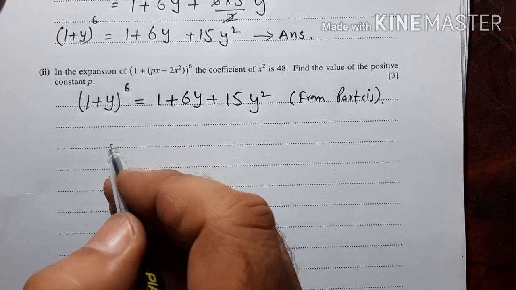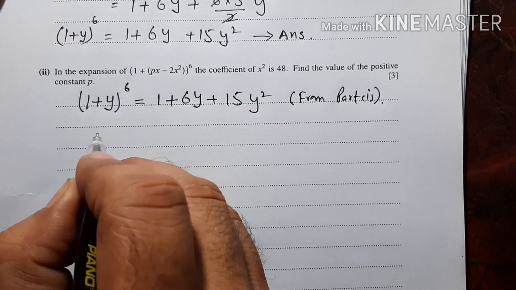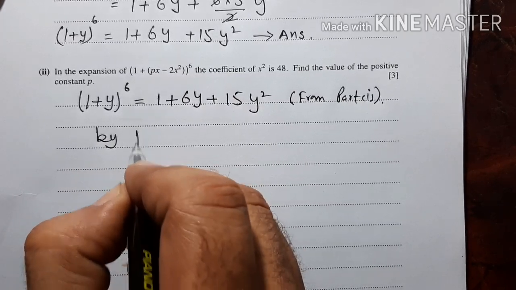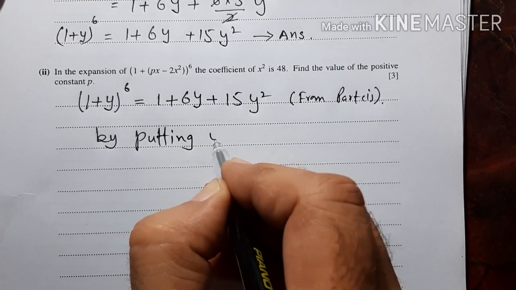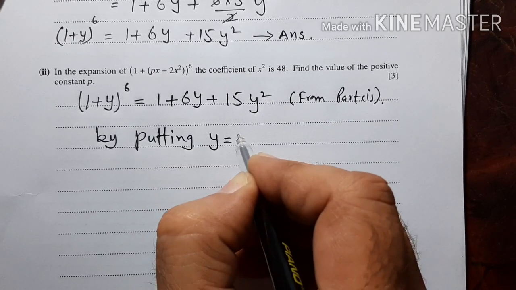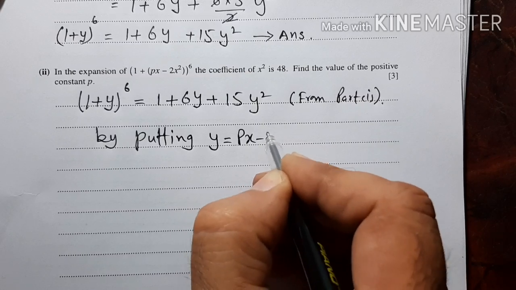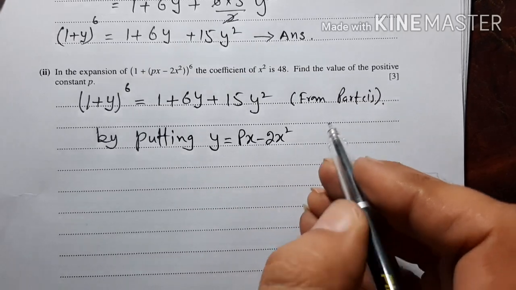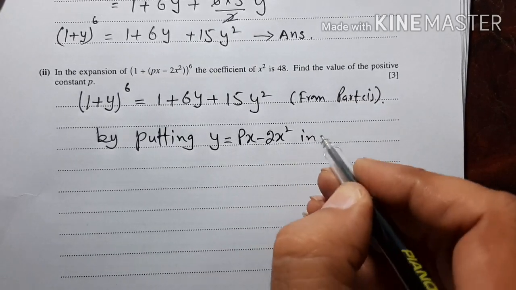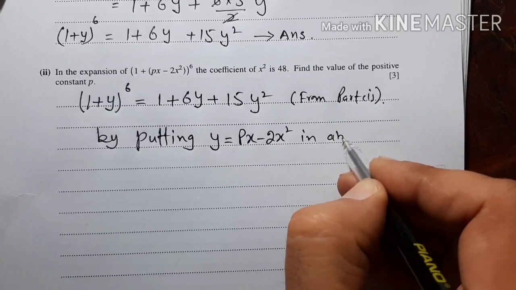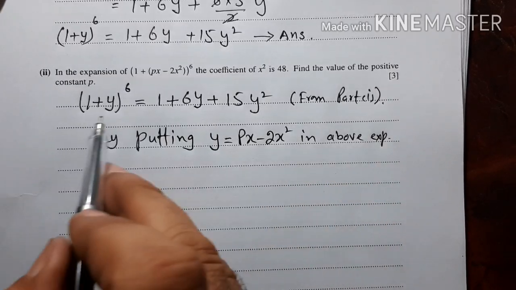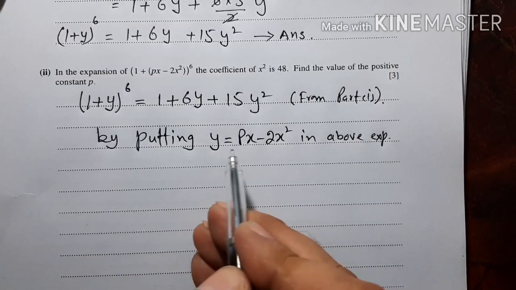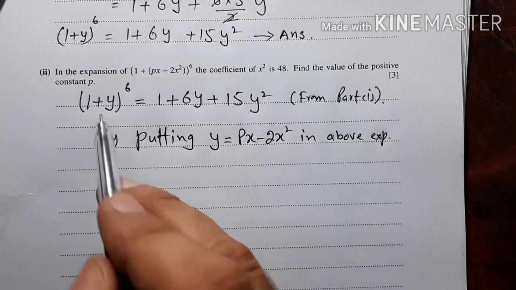So by putting y is equal to px minus 2x square in the above expression. I'm putting y is equal to this here.